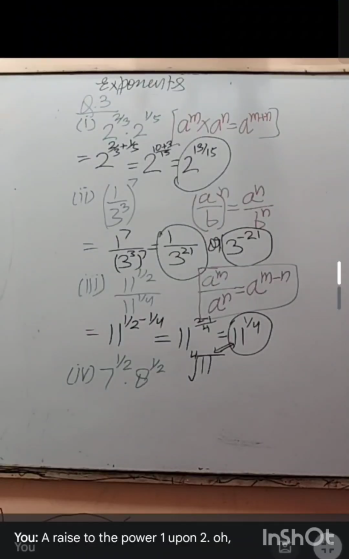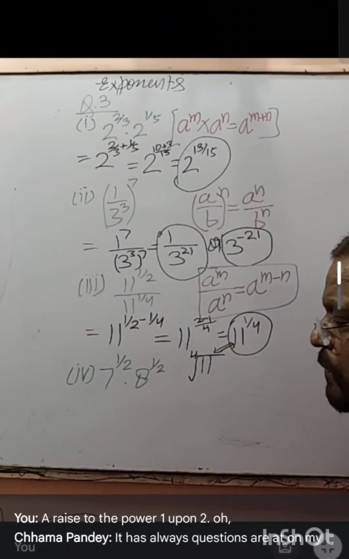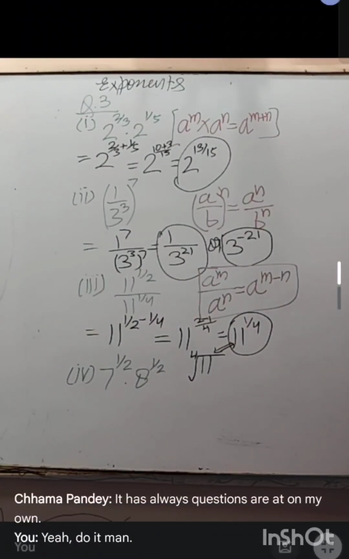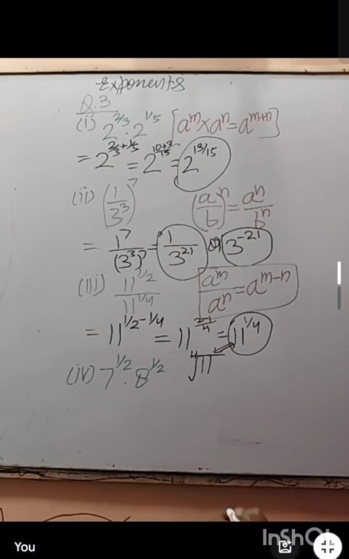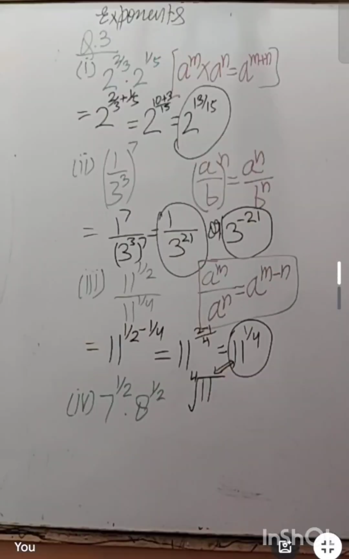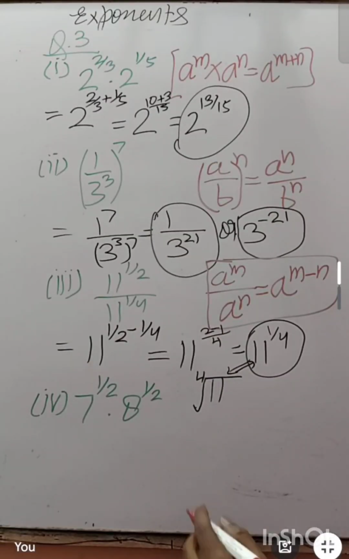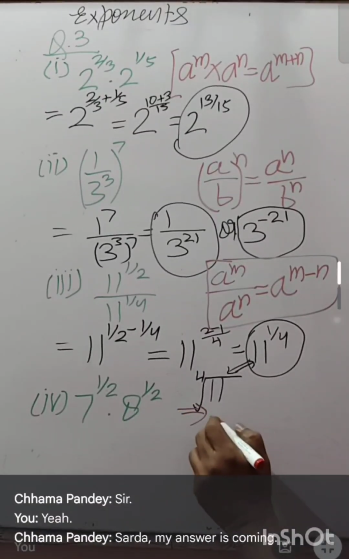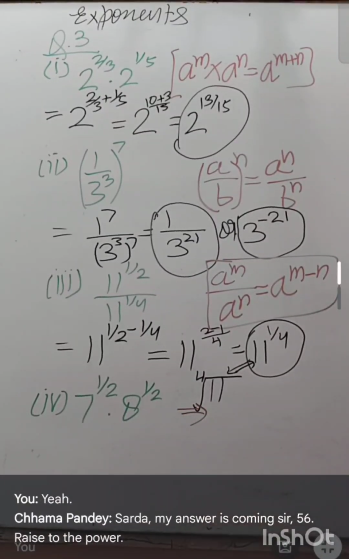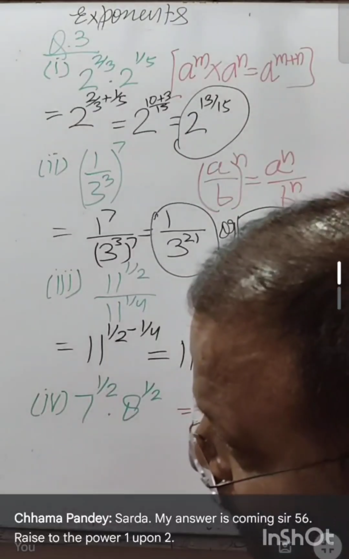Can I solve this question, sir, on my own? Yeah, do it. Sir, my answer is coming, sir. 56 raised to the power 1 upon 2. Wait for a while.